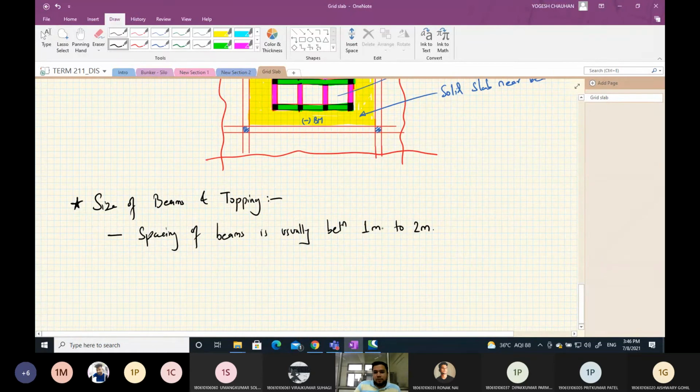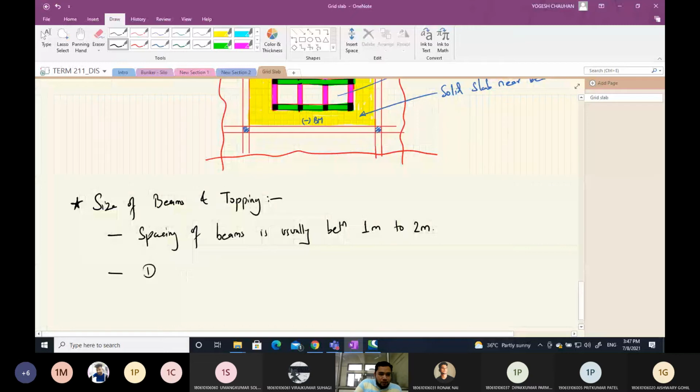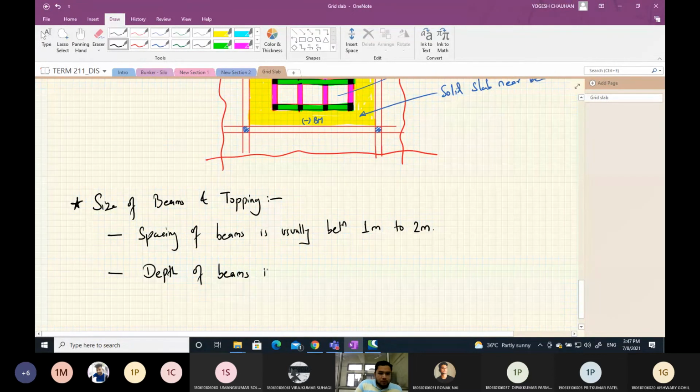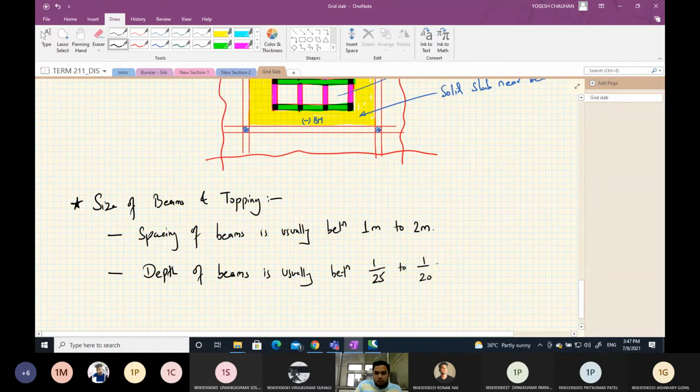Even sometimes less than 1 meter, around 0.75 meter, is also provided. Then the depth of beam is usually between 1/25 to 1/20 of span.